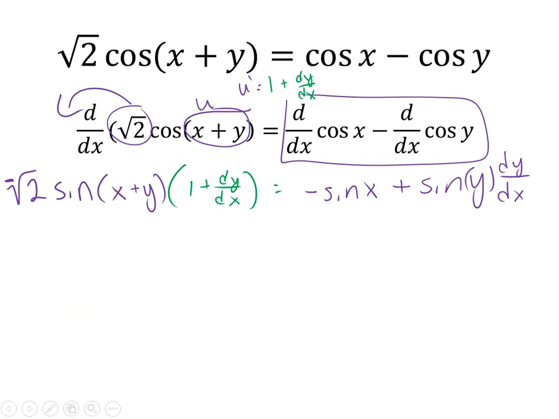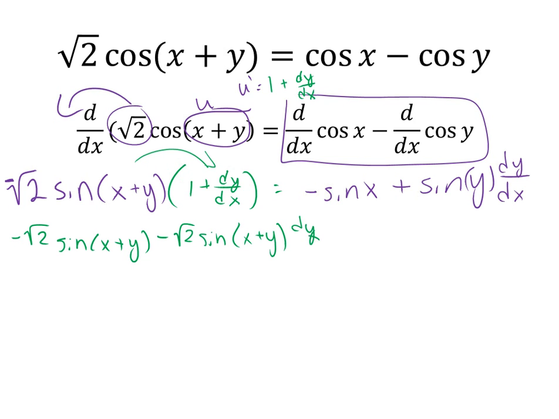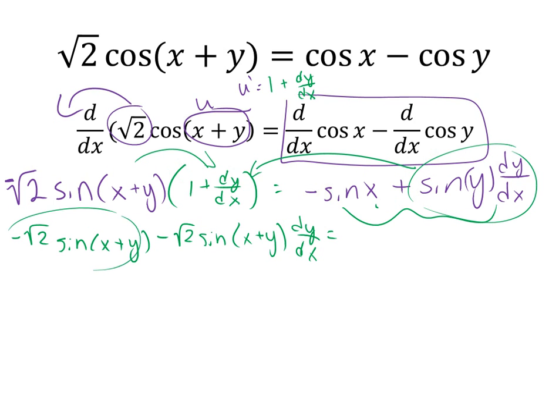All right. Now what we're going to want to do is distribute this to both parts. That gets us a negative root 2 sine of x plus y minus root 2 sine of x plus y times dy over dx, and that equals this whole thing. I'm going to want to move this to one side and move this to the other side. Okay.